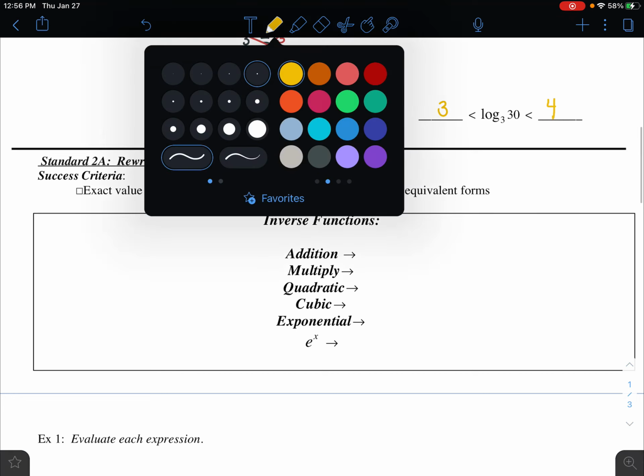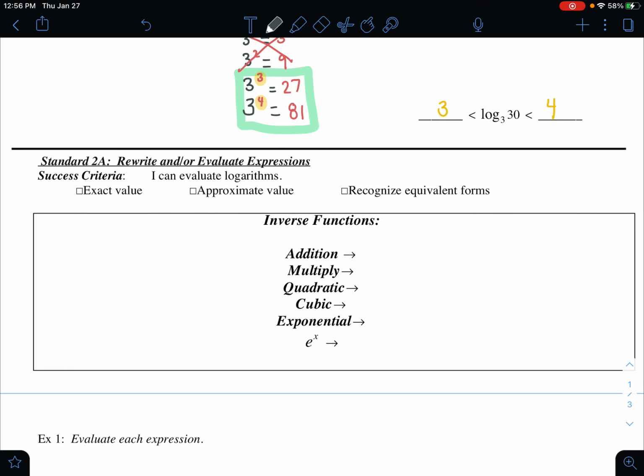All right, let's write out our inverse functions. How do you undo addition? Subtraction. How do you undo multiplication? Division. What's the inverse of a quadratic? A square root. What's the inverse of a cubic?